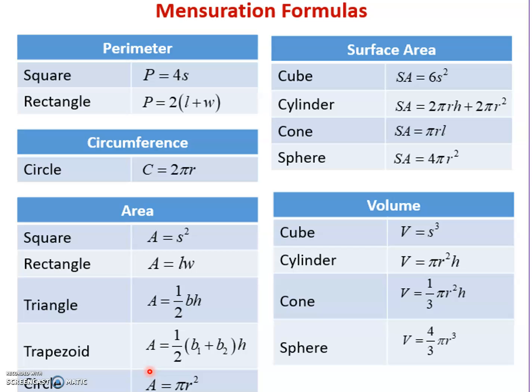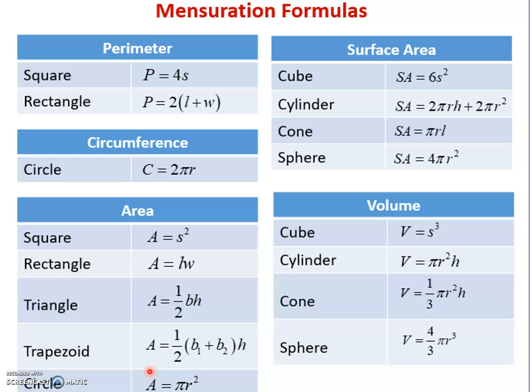Now, the circle: capital A is equal to pi R square, where R is the radius. If the radius is not given, then the diameter divided by 2 gives us the radius of the circle.